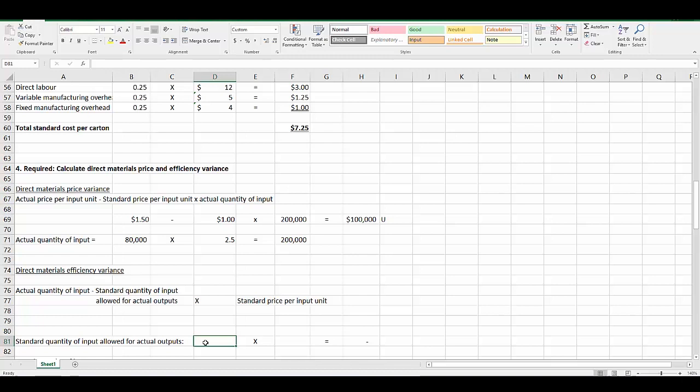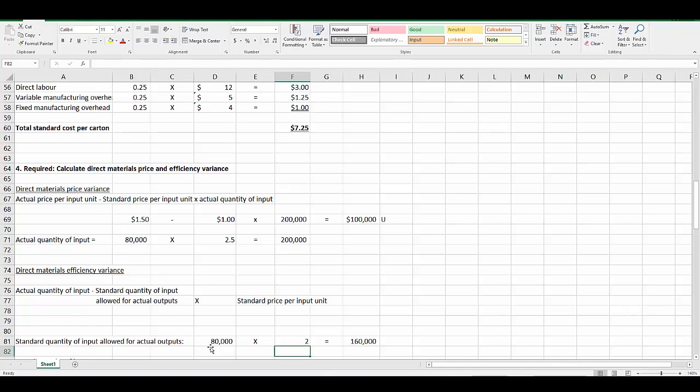So the first thing we're going to do here is calculate what we should have paid. So the standard input, so we know we made 80,000 units, and what we should have used per unit was 2 kilograms per unit.